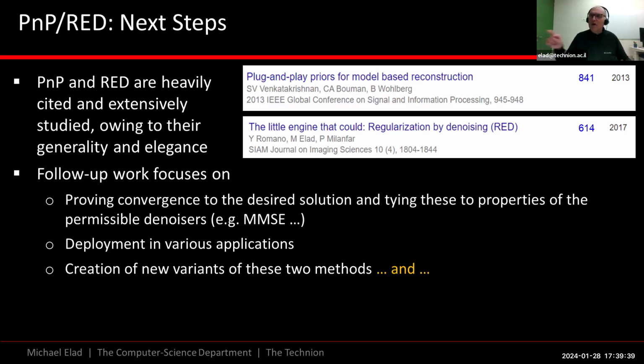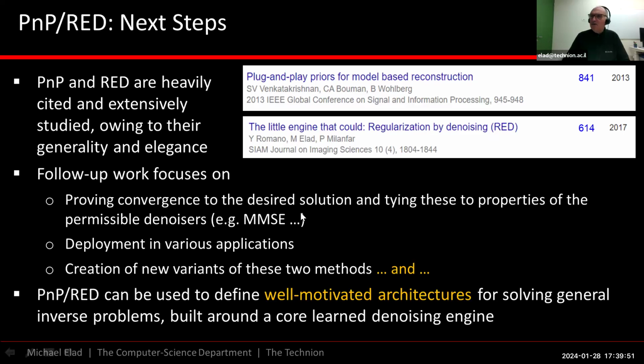Training means what? I will allow myself to change only one thing, the denoisers. I will actually tell the denoisers, listen, you are being used to serve other problems. Adjust yourself. So people did that, and it works amazingly well. And now you have access to neural networks that can solve a family of inverse problems, not just a single one. This is something that I really like, where the classics comes and helps the more advanced techniques in deep learning.